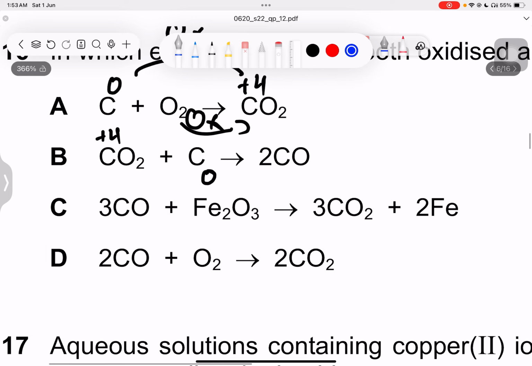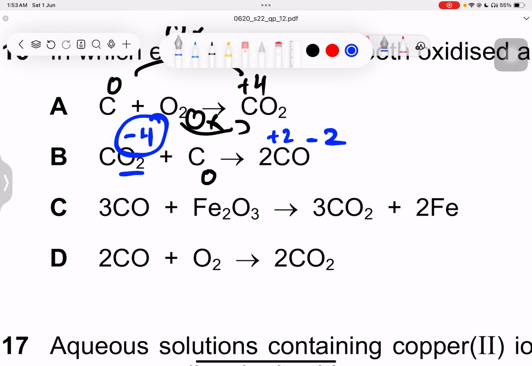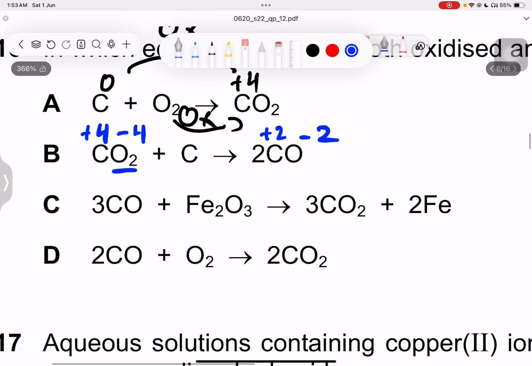If we look at it, it is plus 2 over here because oxygen is minus 2. And here, two oxygens are present and one oxygen is minus 2 oxidation state. So two oxygens will be minus 4 oxidation state. To make this 0, it needs to be plus 4, and a neutral atom is always 0. So over here we have one oxygen which is minus 2 and one carbon to make it 0, so plus 2.